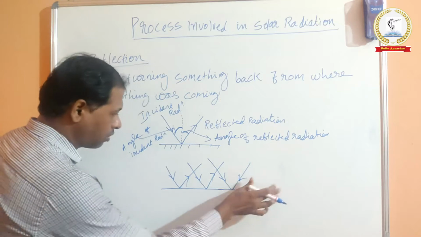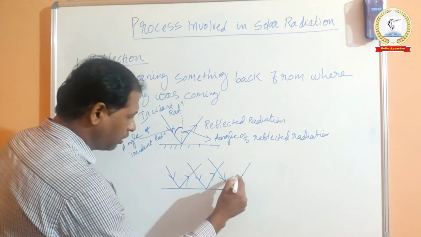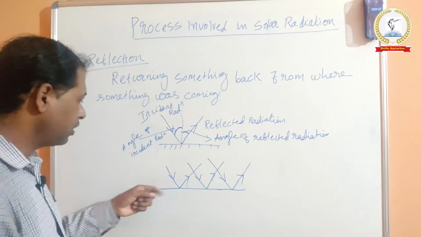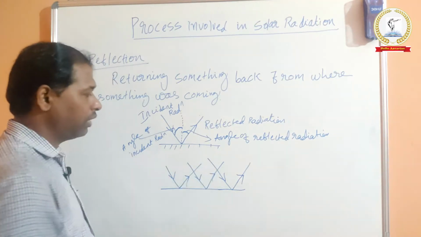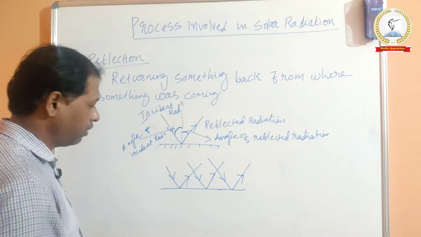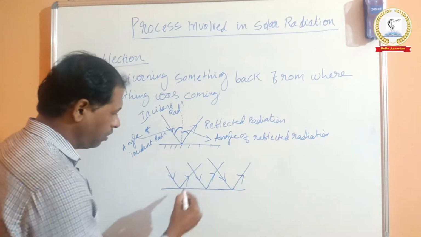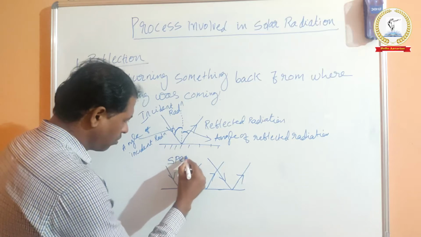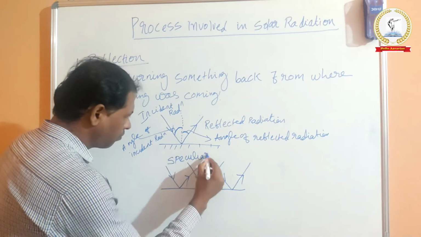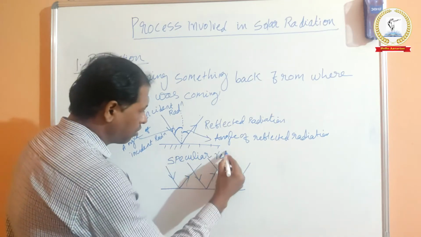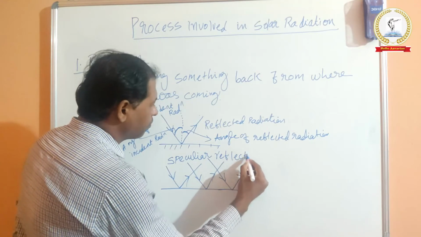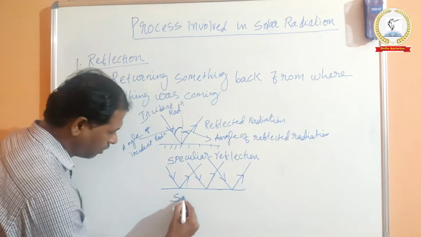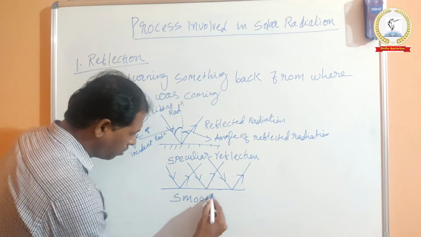In this case, the angle of incident radiation and the angle of reflected radiation are equal. So it shows specular reflection. Okay, this is on a smooth surface.